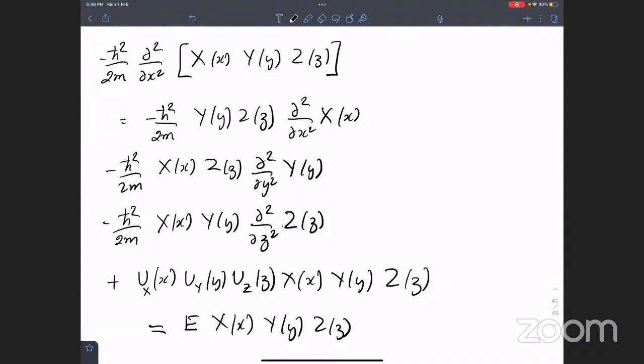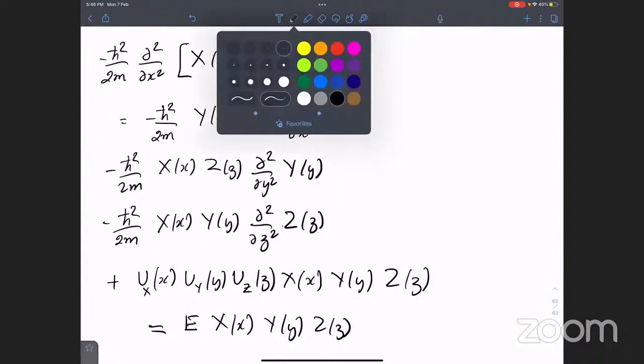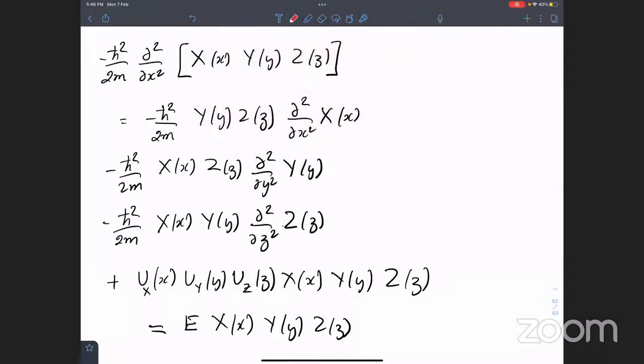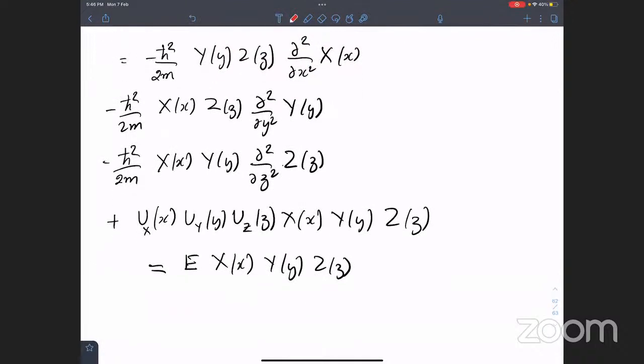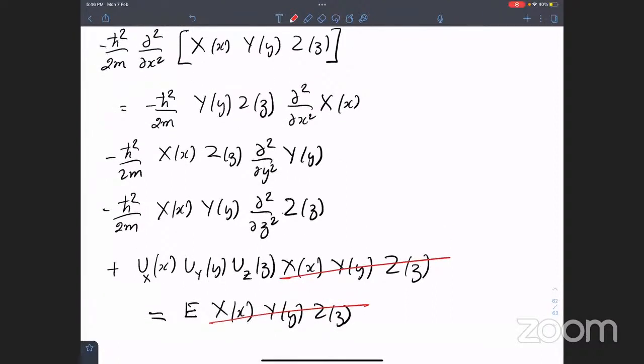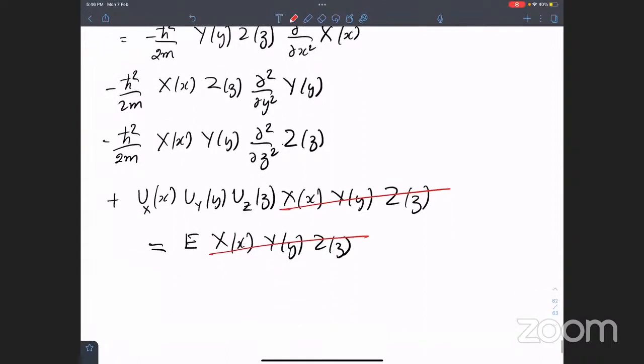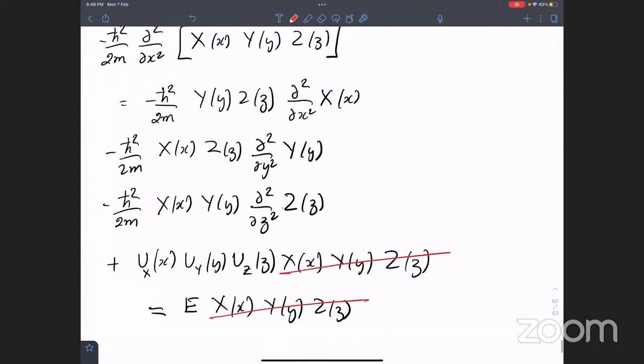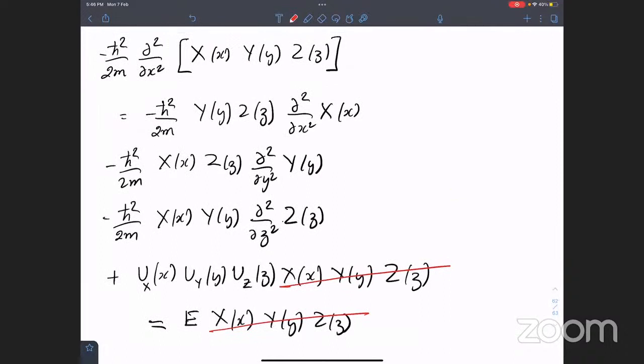Looks very complicated, right? But what will happen if you now just simply divide? I just want to divide every term by this. I've cut it up this way, right? And I cut it up this way, and then what you will get is the following.